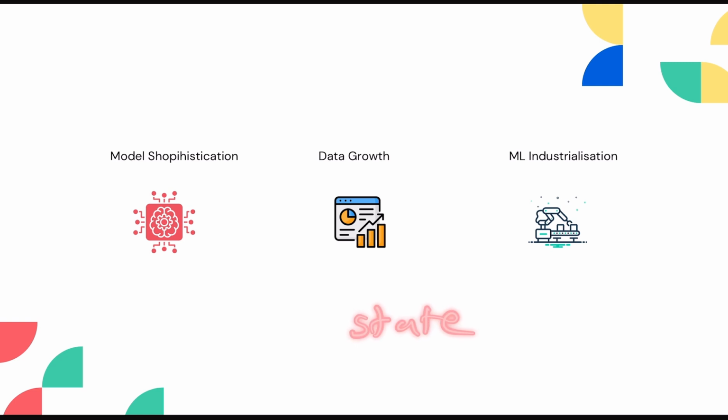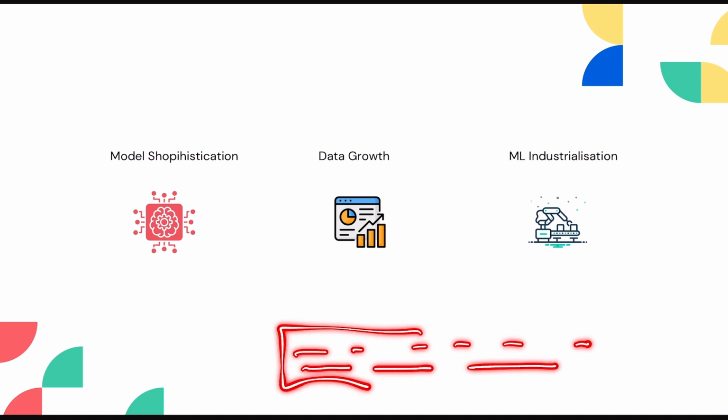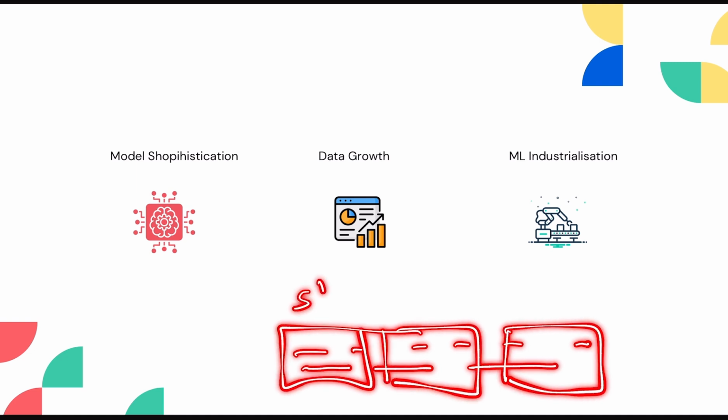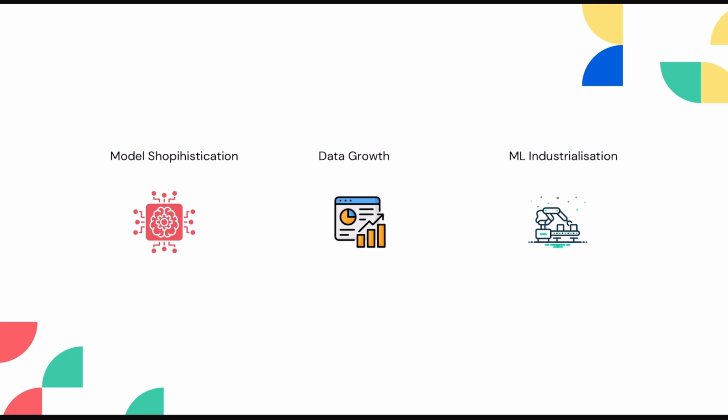State in the sense, if you have a sentence and we are talking about time here. So if you say something here and something here, each of these corresponds to a state. We're going to talk about these in detail in later sections, but this is definitely model sophistication, which improves the way the model works.